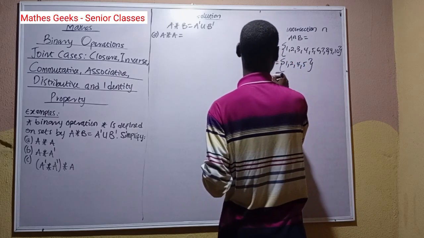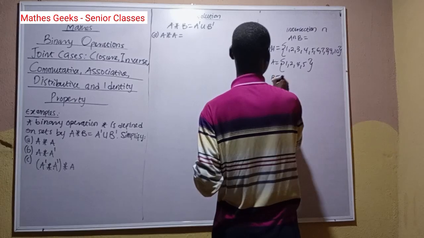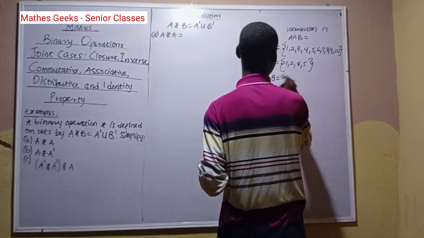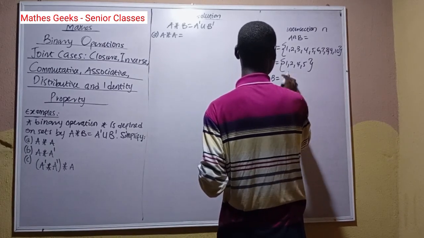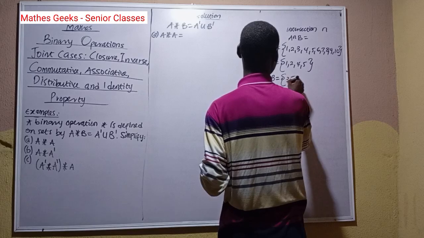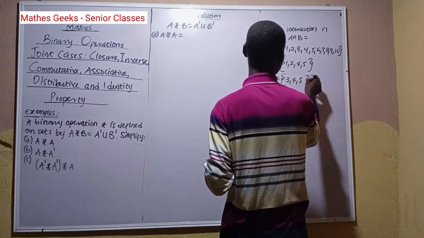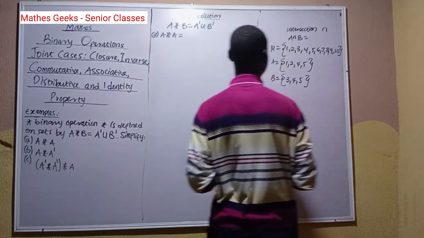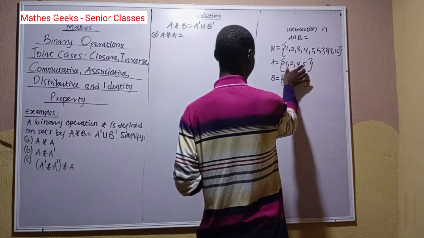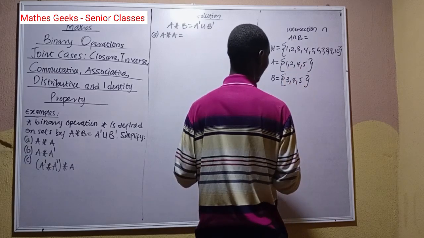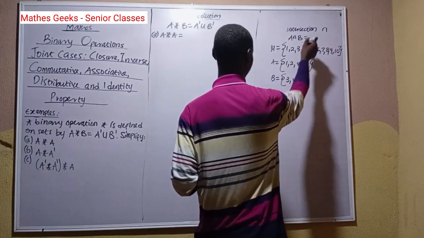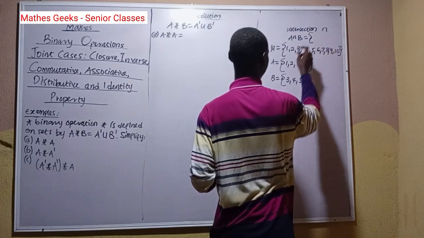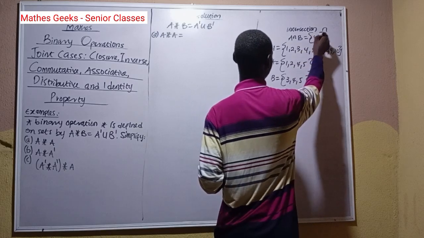And then let's say B is equal to 2, 3, 4, 5. So A intersection B means what is in A that's also in B. Which means we are looking at common elements. So A intersection B would be the set 2, 4 and 5.